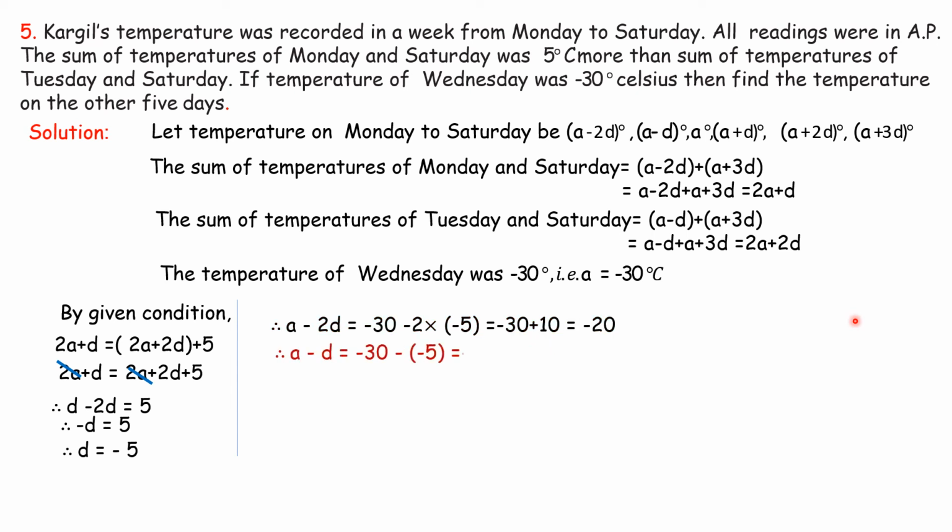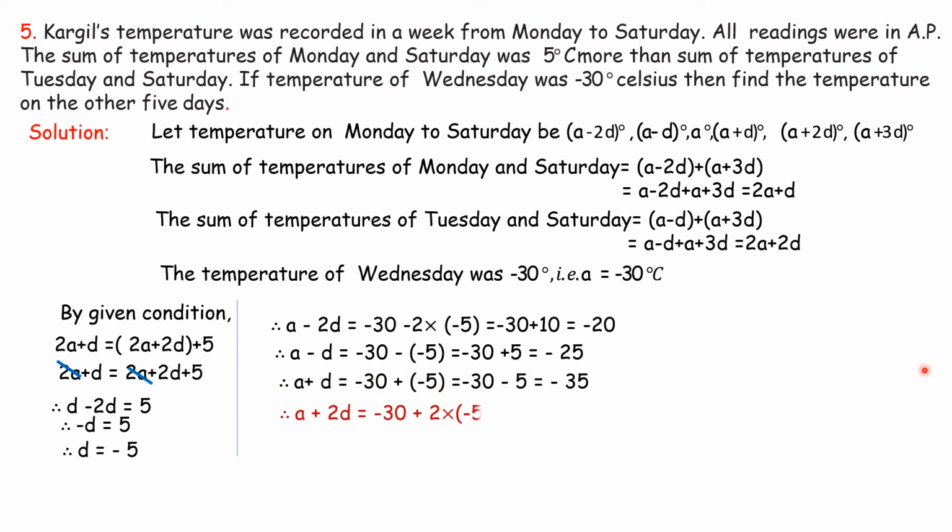Similarly, a minus d is equal to minus 30 minus minus 5, that is minus 30 plus 5, minus 25. a plus d is minus 30 plus minus 5, that is minus 35. a plus 2d is equal to minus 30 plus minus 10, is equal to minus 40. a plus 3d is equal to minus 30 plus 3 into bracket minus 5, that is minus 30 minus 15, is equal to minus 45.